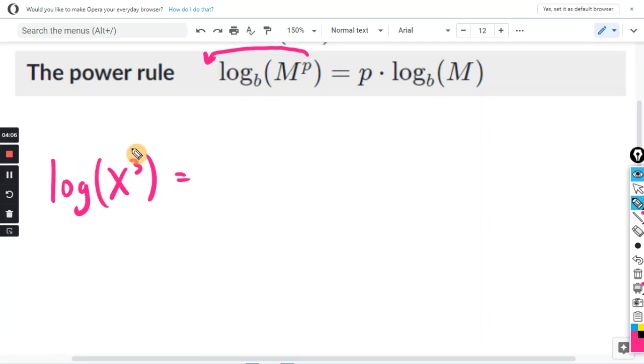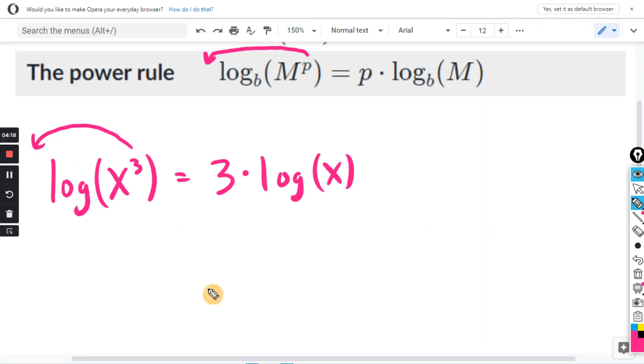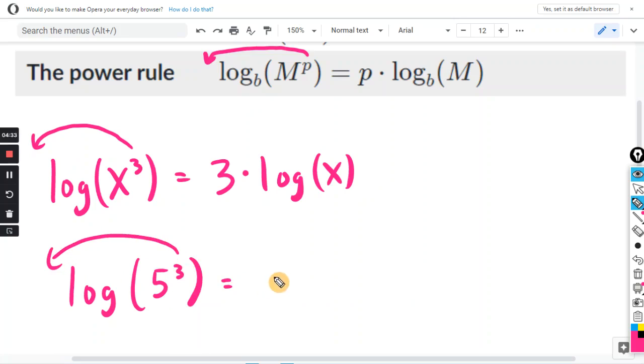You can take that exponent and move it in front of the log, and you'll have 3 times log of x. All right, so those are equivalent statements. So if you had the log of, let's say, 5 to the third power, you can take that exponent and move it to the front, and that's equivalent to 3 times the log of 5.